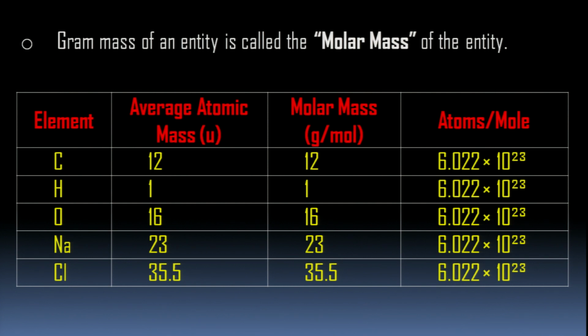Sodium, 1 mole of sodium has how many atoms? It is 6.022 × 10^23. Similarly, 1 mole of chlorine has how many atoms? 6.022 × 10^23 number of atoms. And what is the molar mass? 35.5. That is, 35.5 grams of chlorine contains 6.022 × 10^23 number of chlorine atoms.